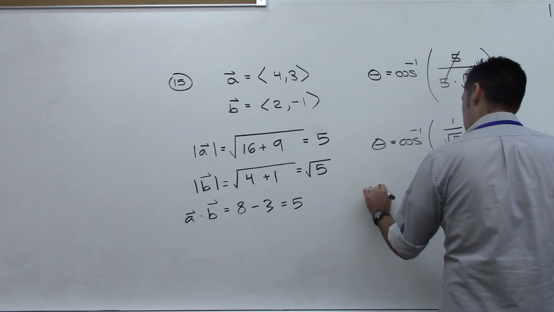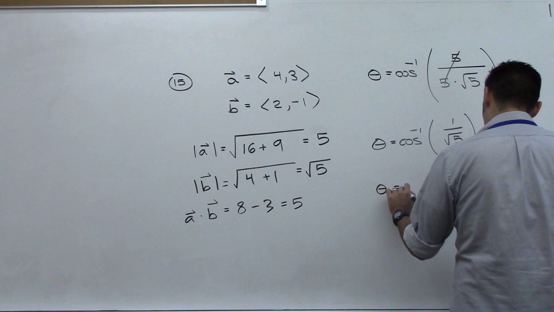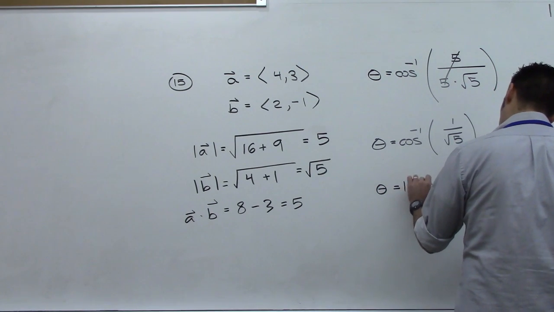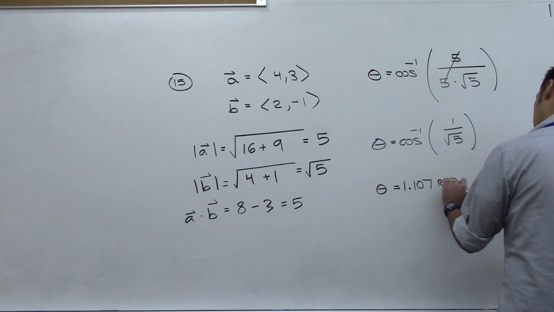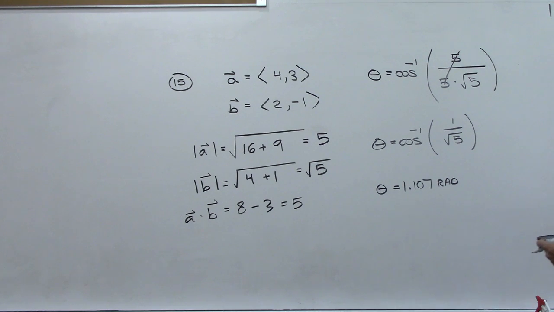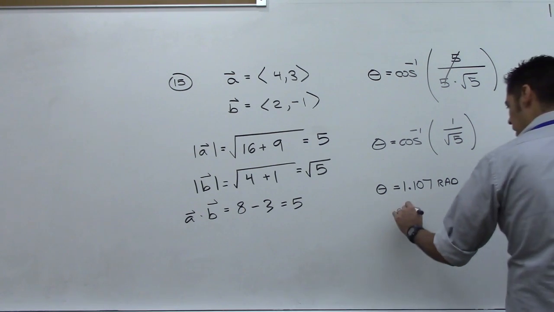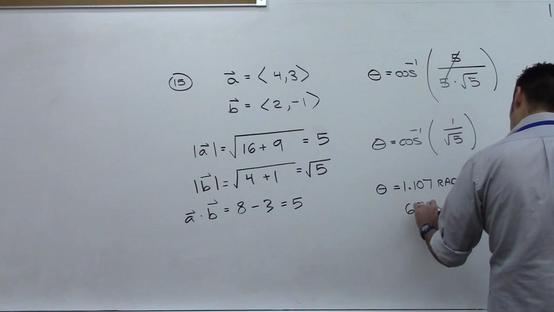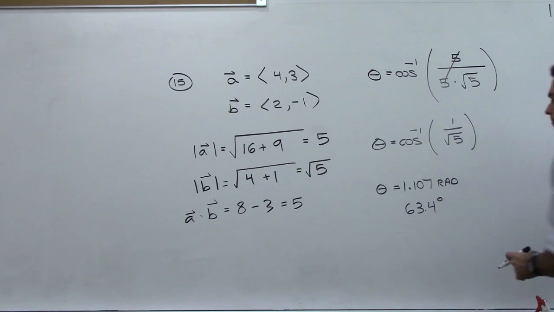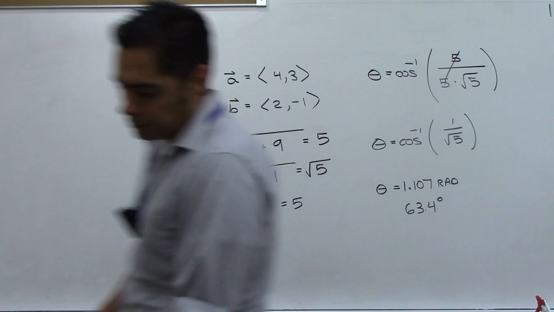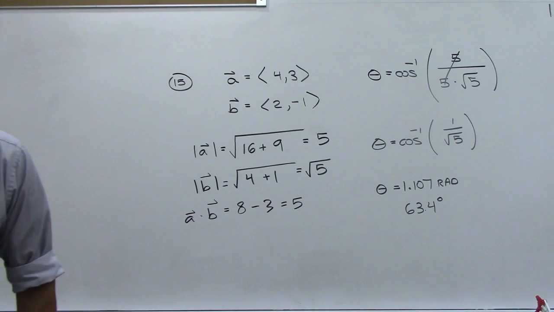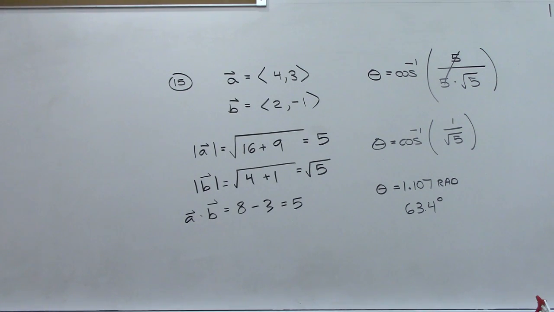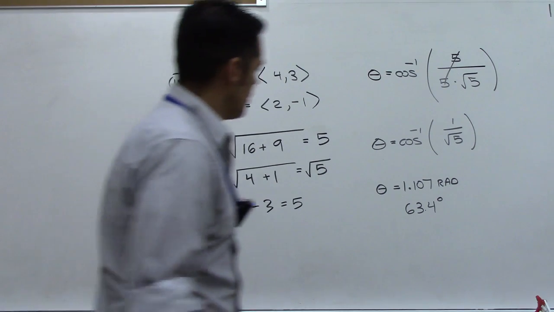I'm getting theta is, and I'm in radians here, 1.107 radians, which if we convert that to degrees, we multiply by 180, we divide by pi, and we should get 63.4 degrees. All right, that's it.